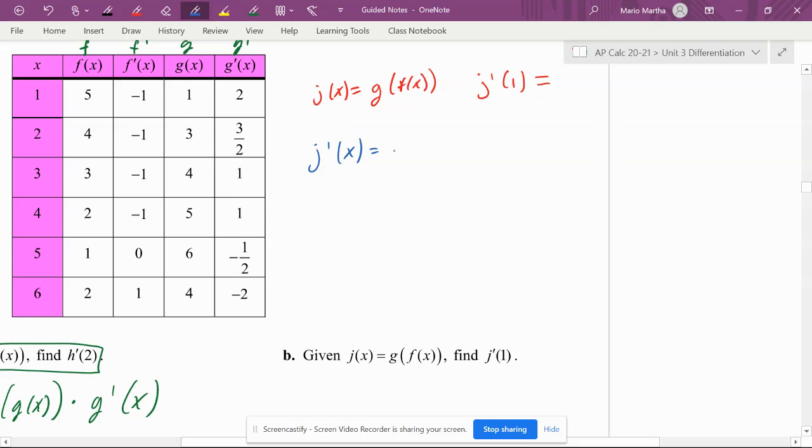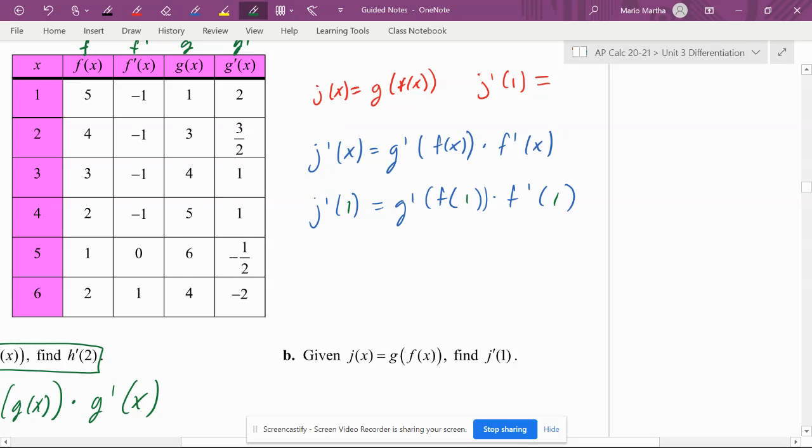So that's again the derivative of the outside g prime of f of x with the inside intact times the derivative of the inside, which is f prime of x. And now we start doing our substitutions, right? Everything else stays the same. Now we're just writing the number instead of the x, right? So in this case, we're going to be using 1. So we just have 1s right there.